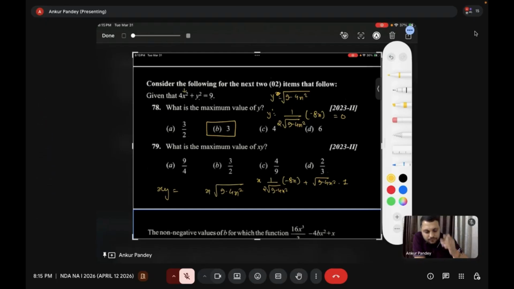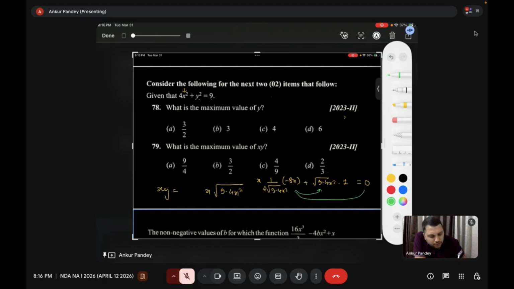Ready? So if I want this to be equal to 0, may I erase the upper part because I need space to solve? Look here, just a bit lengthy, nothing else. LCM gone here, gone with 0. Clear? And 2 and this become negative 4. So negative 4x square plus, when this goes here, square root opens, it is 9 minus 4x square again.